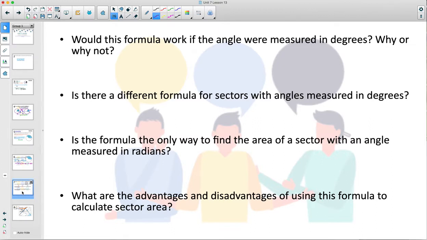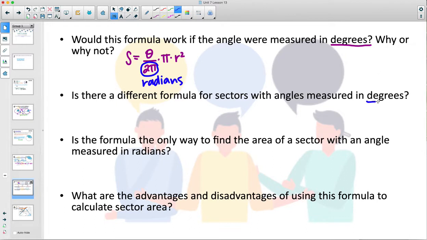So would this formula work if the angle was measured in degrees? The answer to that is no, because where we got this formula, if you remember, was by taking theta over 2 pi times the area, pi times the radius squared. So this whole part was coming from radians.